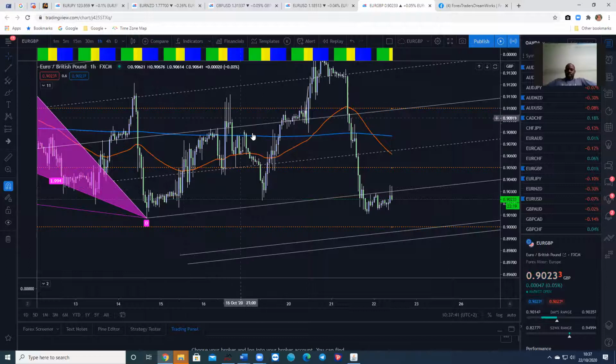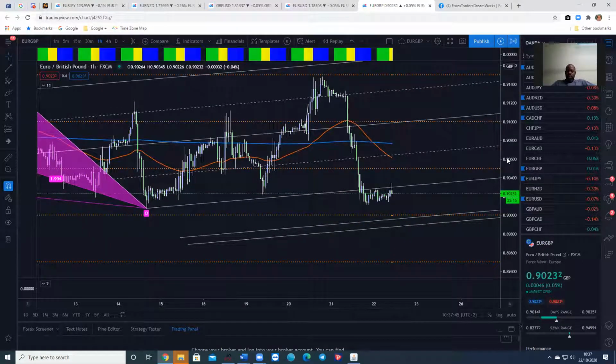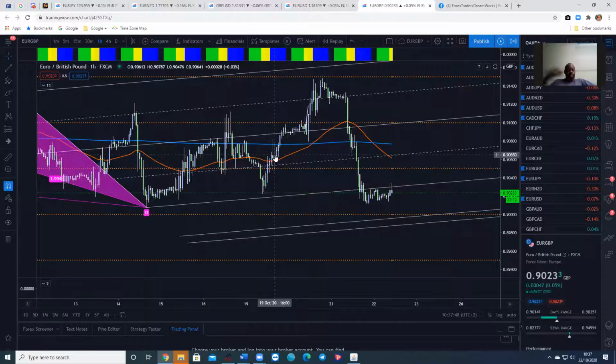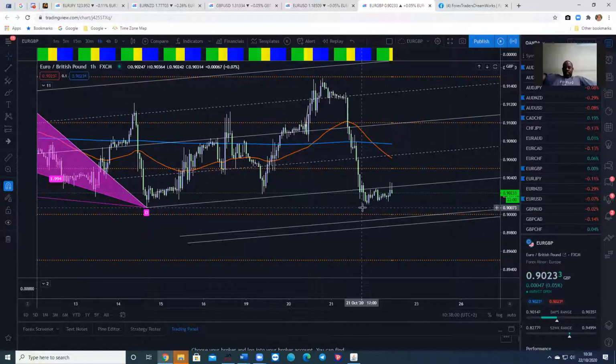First thing I see on this is an awful lot of wicks, and that will be the Brexit talk. So a lot of uncertainty in the market with the buyers and the sellers fighting against each other, and price can't go up or down. And then some news has come out here. However, it's still on an upward trend for a buy at the moment.